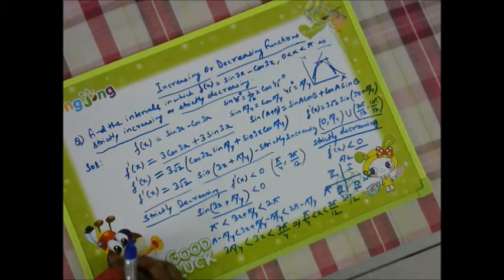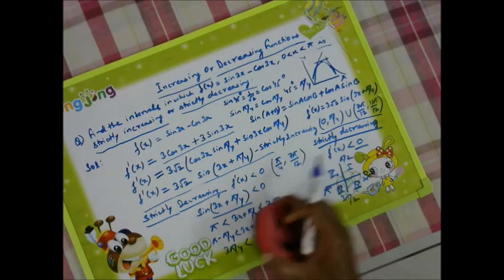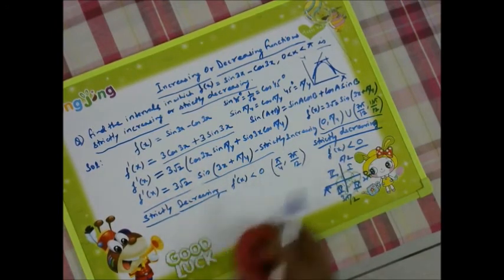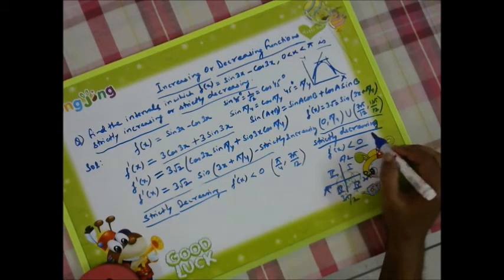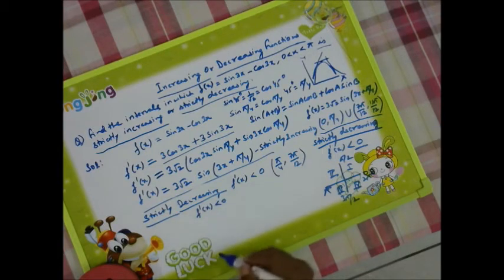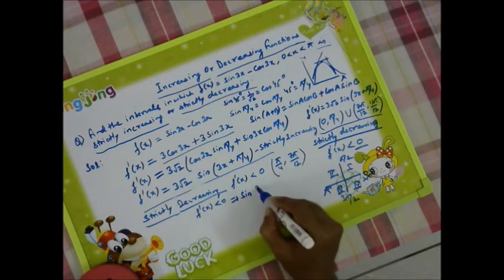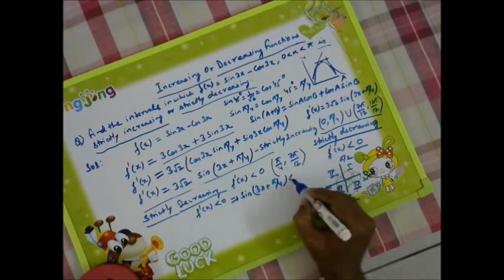Another one. So now the next interval we are going to find. As we are already discussing the strictly decreasing function, f dash x again less than 0, which will be sin(3x plus pi by 4) should be less than 0.